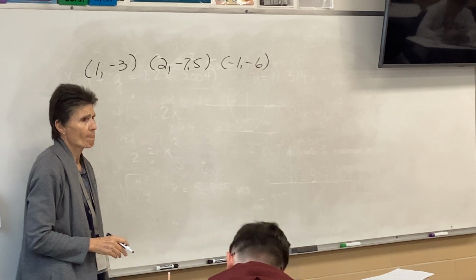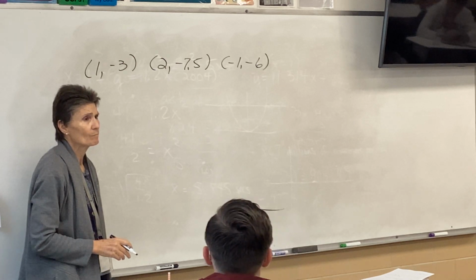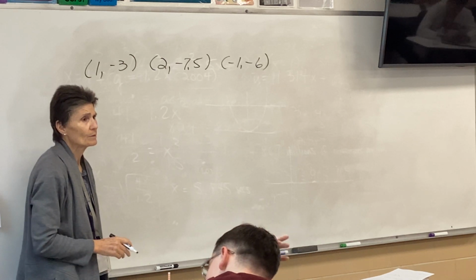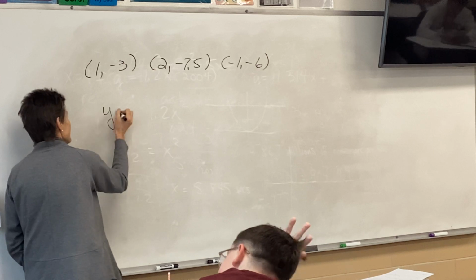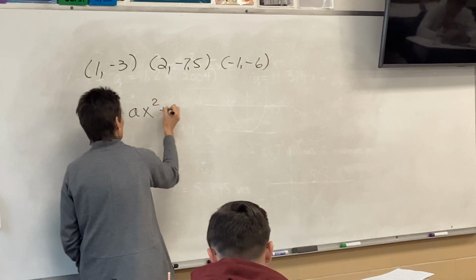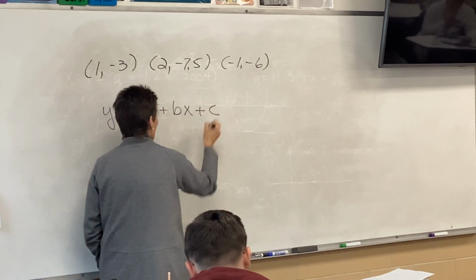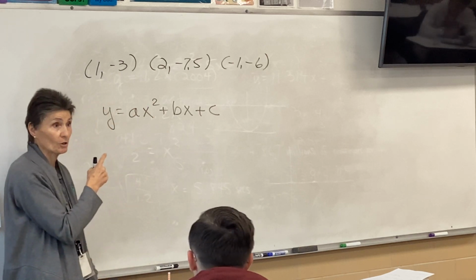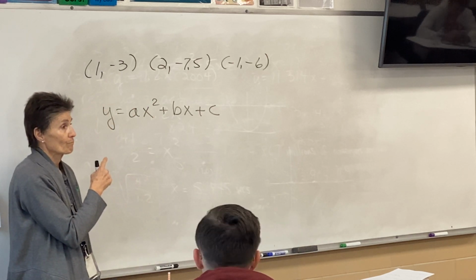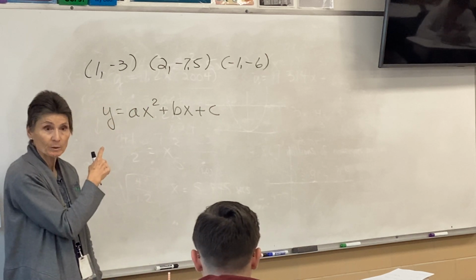Josie? Exactly. Josie says, look, if I have to build a quadratic equation, isn't that what it's going to look like? If my calculator did it, that's what it would look like.